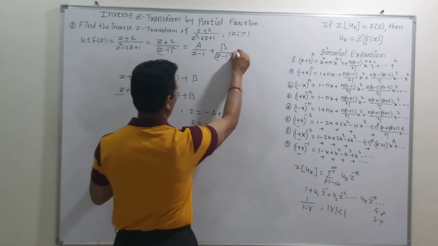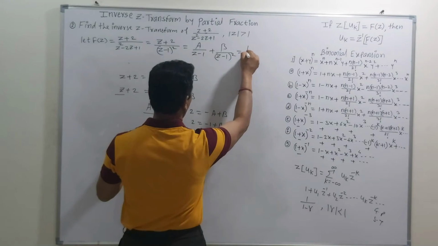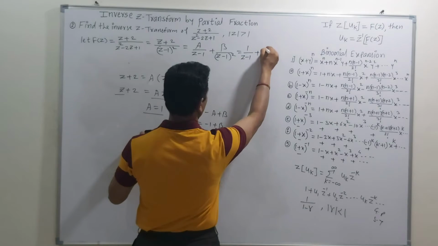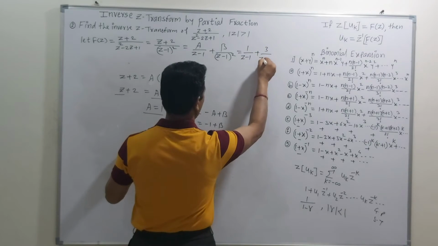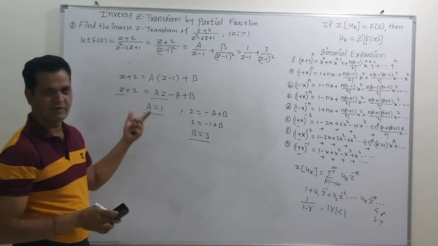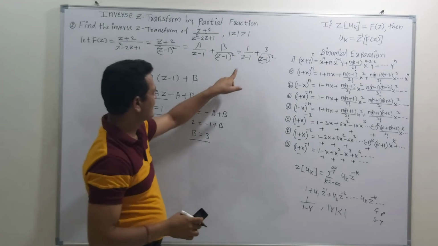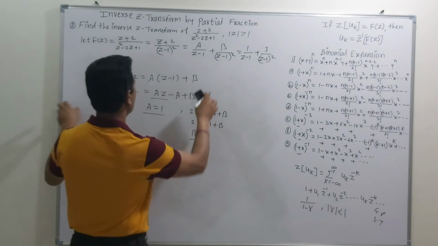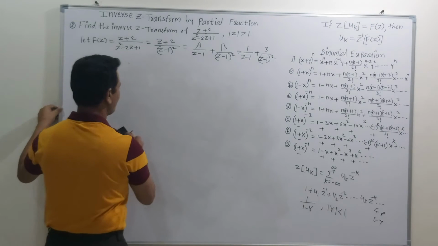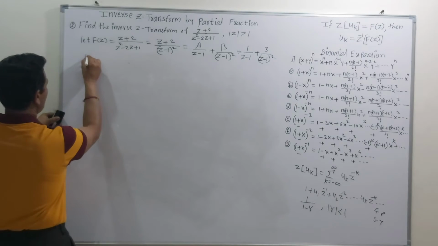So now we can write this as 1 upon z minus 1 plus 3 upon z minus 1 its square. Friends, in this way we get what is called the partial fraction of the given equation.